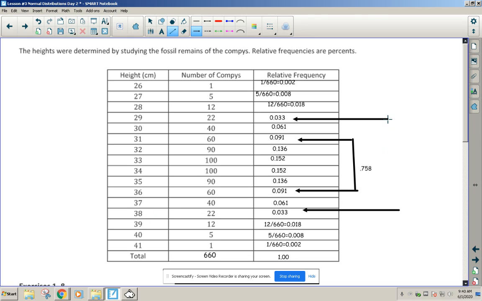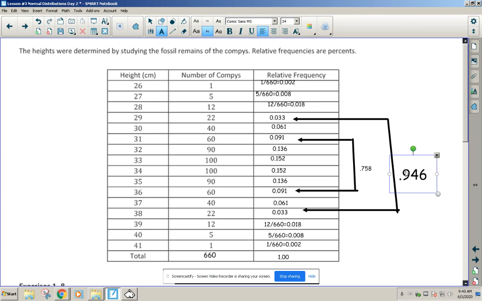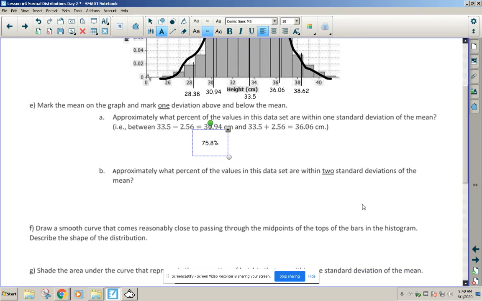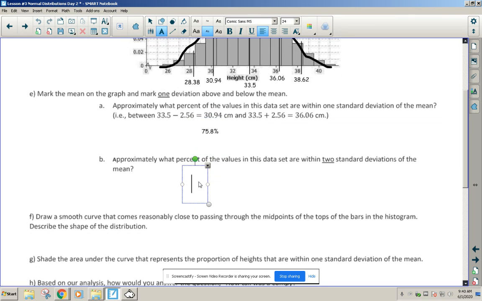And so when I go in between these guys and I add up all these numbers from here on down, I end up with 0.946. And so if we come to the other page, this here would give me 94.6%.